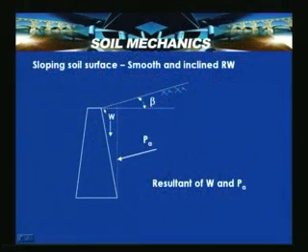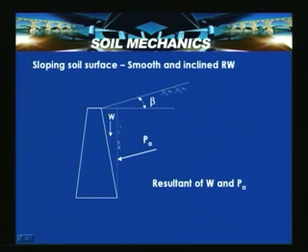So in this case, suppose you have an inclined wall face with a smooth interface but with an inclined backfill surface. In that case, we need to first determine the weight of this wedge, which is W, and then the resultant active thrust along this face.